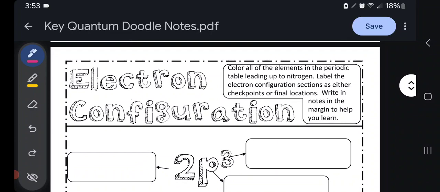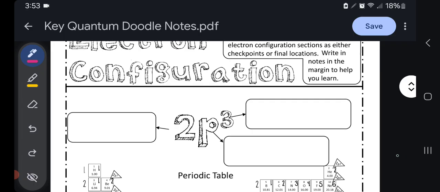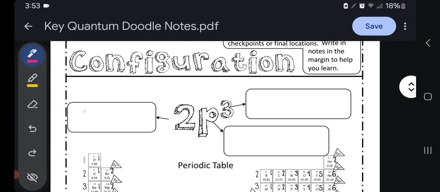All right, so now we're going to tie all those quantum numbers into what it means in terms of electron configuration. So that 2 that we see here is your energy level. N equals 2, which is the period on the periodic table.